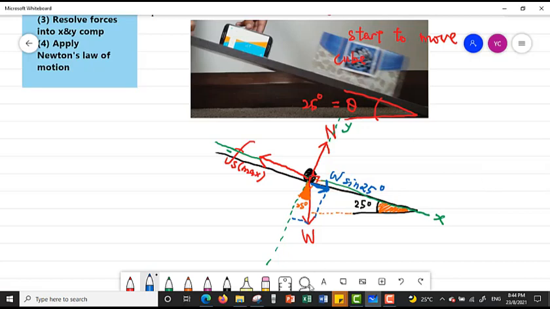And then we resolve the weight to the y-axis. So here the y component will be W cos 25. Okay, so we have resolved it.